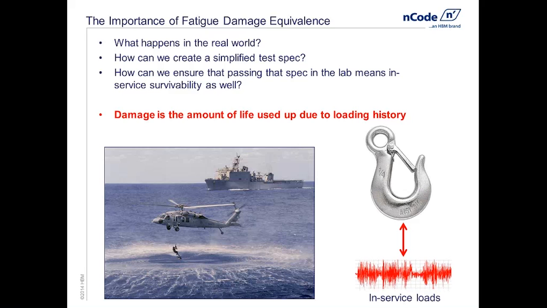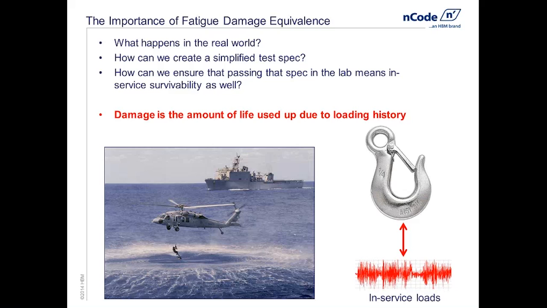So think about this guy here in the picture dangling from the helicopter. Somewhere there, he's attached by a hook, kind of like this right here. So we can throw a force gauge on the hook and measure the force history of him performing some sort of real-life maneuvers or something. That real-world loading history, indicated here by the red squiggly line, is going to cause some amount of damage.